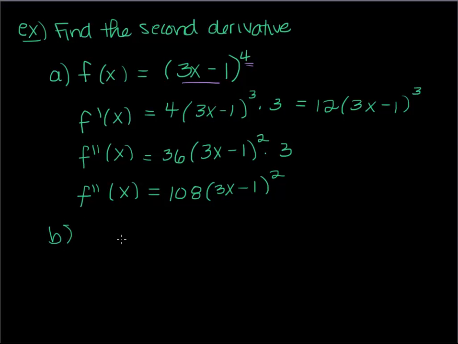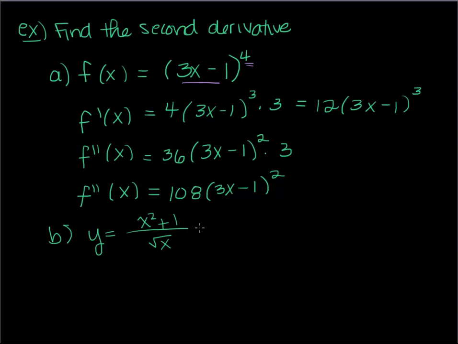What if we had something like y equals x squared plus 1, all divided by the square root of x, just for the fun of it. And I want to find the second derivative.